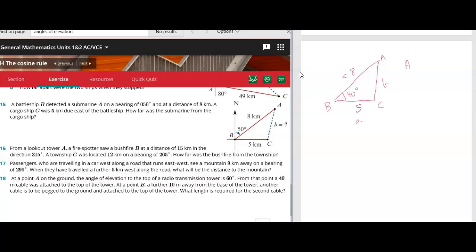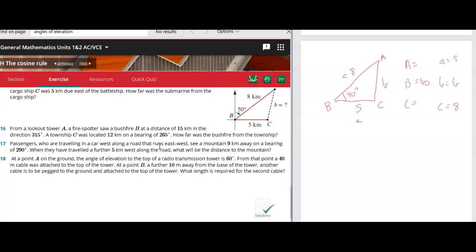So I'm just going to write the values for you. A, we don't have the angle. B, the angle is 40. C, we don't have that angle. A is 5. B is what we're trying to find. And then you got C, which is 8. Now, when you think about your answer, we've got a 5 and an 8. So it's got to be around there. Okay, so think about your answer.